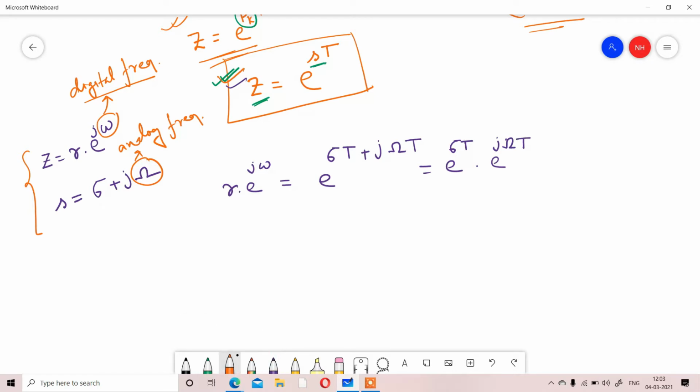So if we compare the real part and imaginary part, the real part will be r equal to e to the power sigma T, and the imaginary part e to the power j omega will be e to the power j omega T, or simply omega will be equal to omega T. So digital omega equals analog omega into the sampling period.